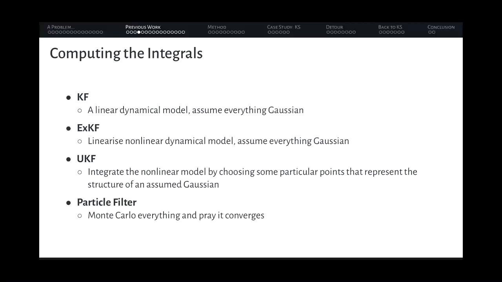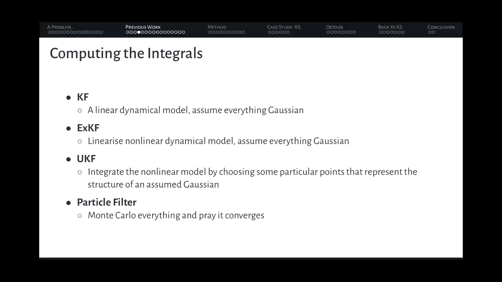An extended Kalman filter is basically the exact same thing, except you linearize all of the nonlinearity in your model, so you look at the tangent model instead. Unscented Kalman filter, you perform a spherical integration, which basically means you pick a few points that represent your density in the Gaussian and use that to integrate. And the particle filter is Monte Carlo everything, and over-converges.